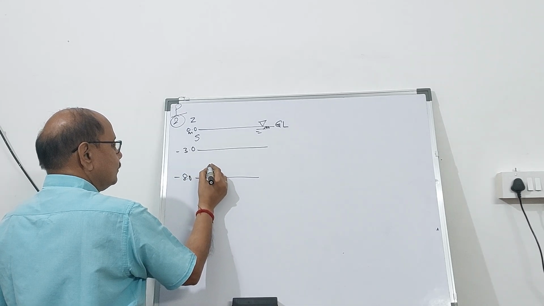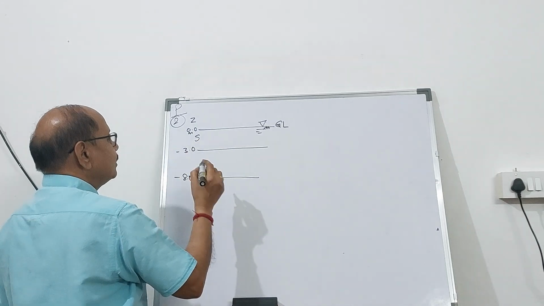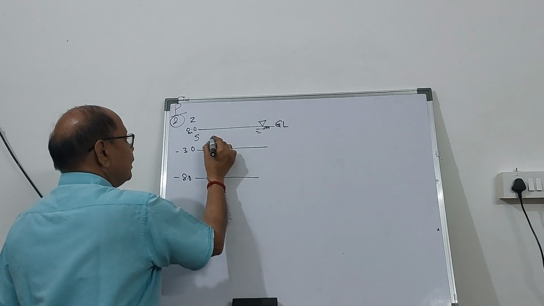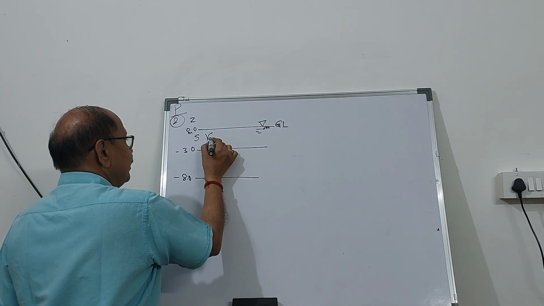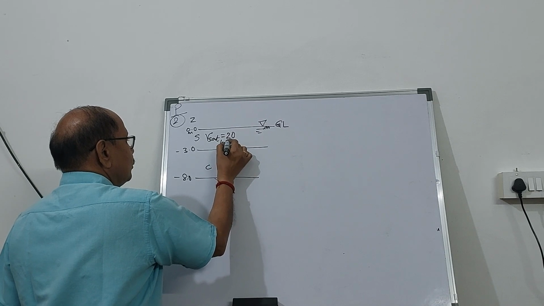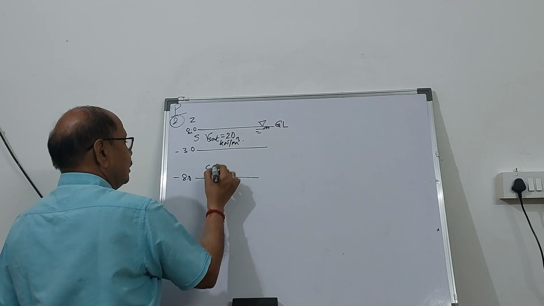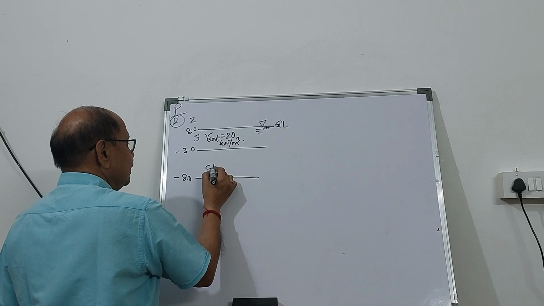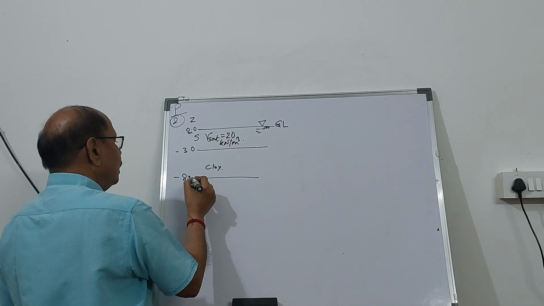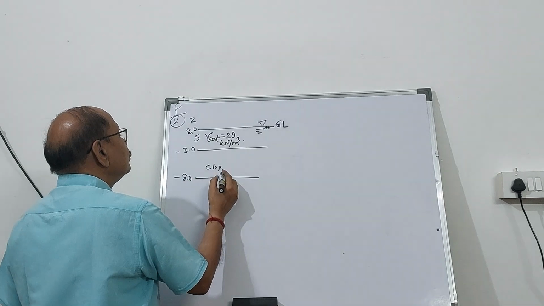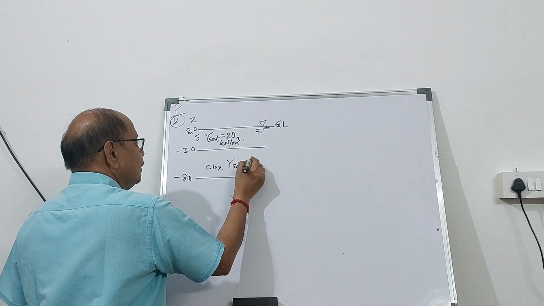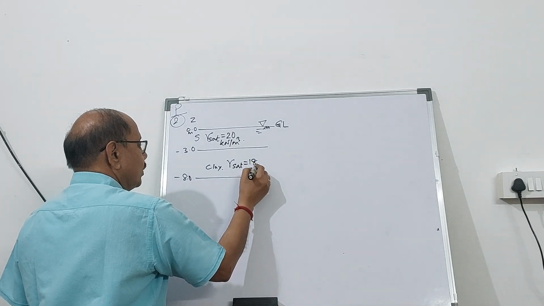So there is clay, there is sand, and sand is 3 meter, and the saturated unit weight here is 20 kilonewton per cubic meter. And for clay C, the value of gamma saturated is 18 kilonewton per cubic meter.